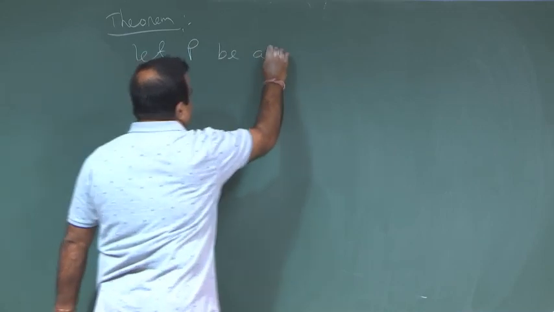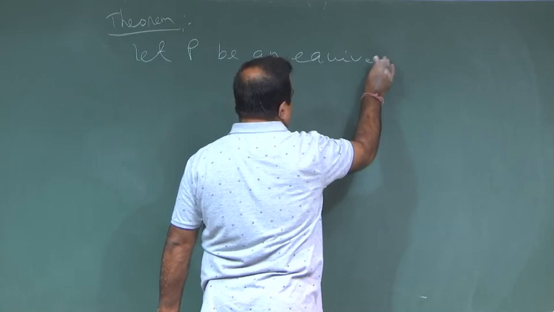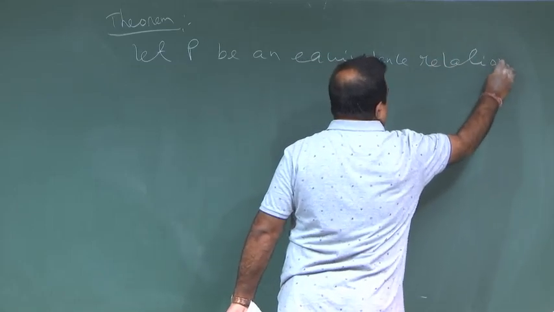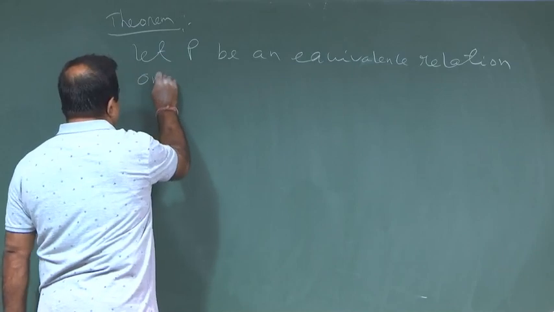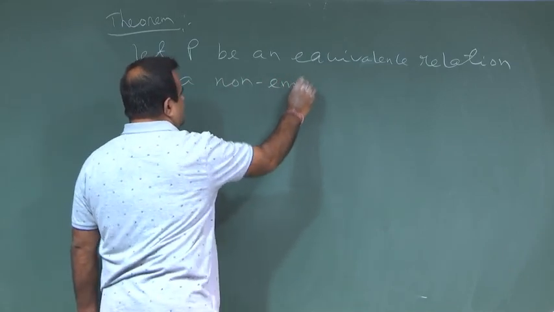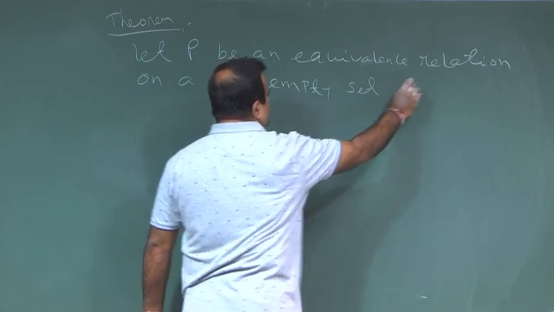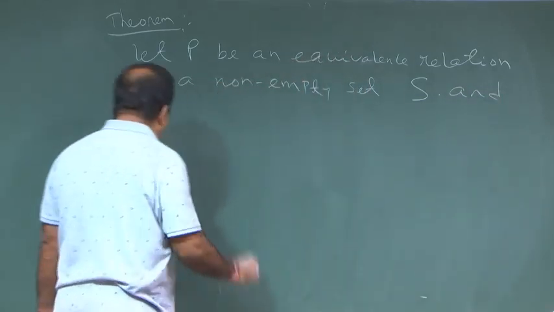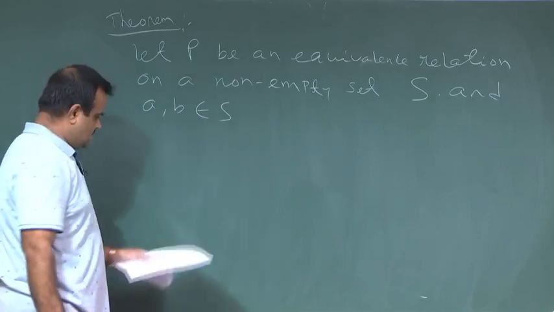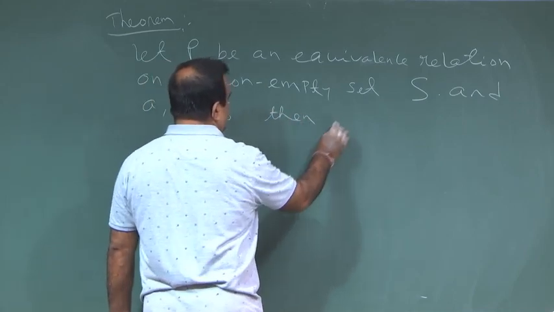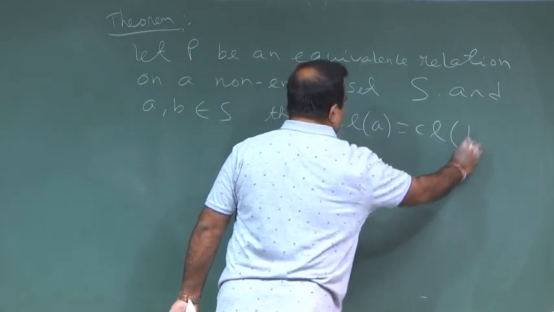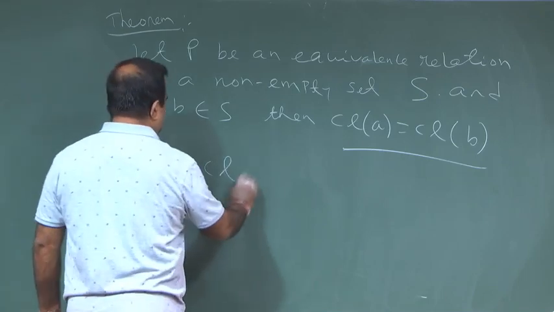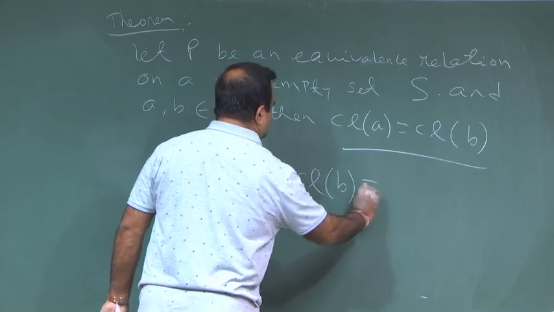Let rho be an equivalence relation on a non-empty set S, and if you take any two elements A, B from S, then either the class of A is equal to the class of B, or the class of A intersection the class of B will be empty.